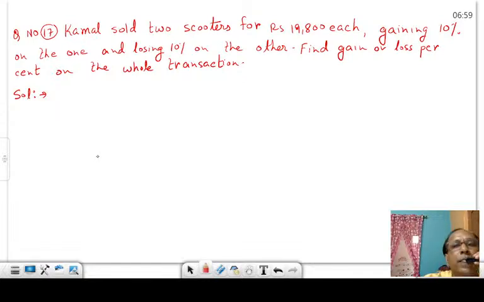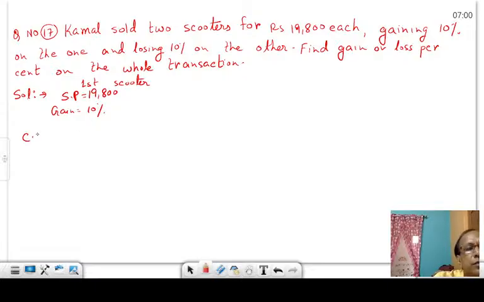Selling price is given as rupees 19,800, and this is the first scooter, and gain is equal to 10%. Therefore, we first find the cost price.